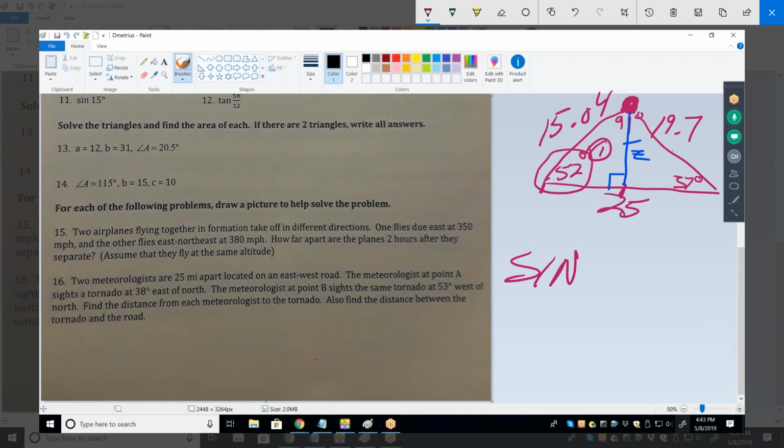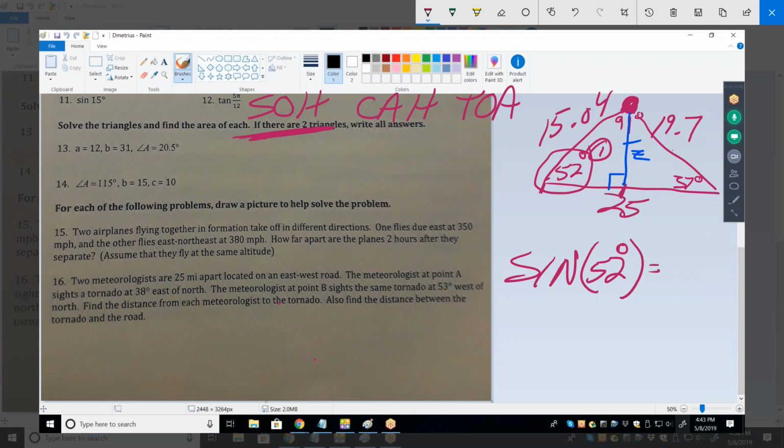In other words, there needs to be an argument there that is an angle. So sine of 52 equals what? What's sine equal to based on SOHCAHTOA?